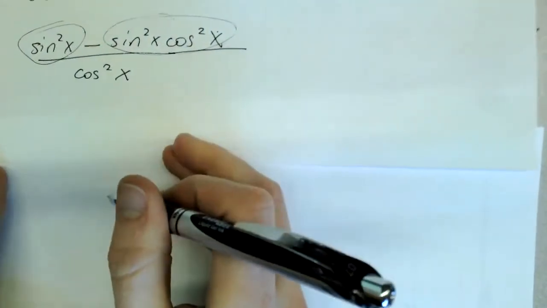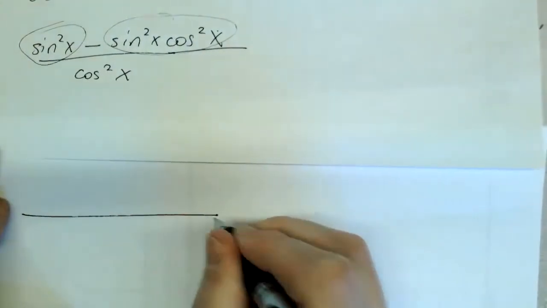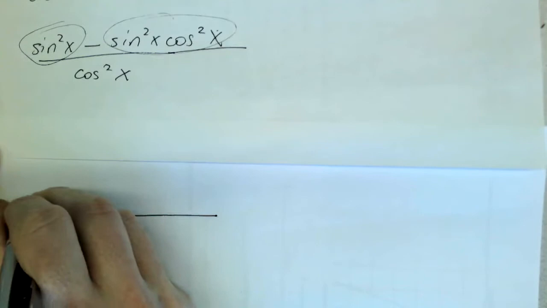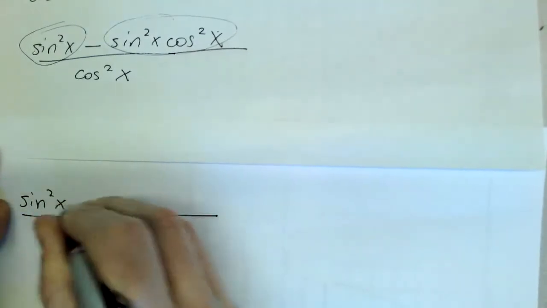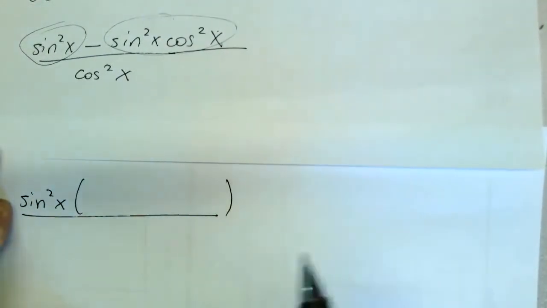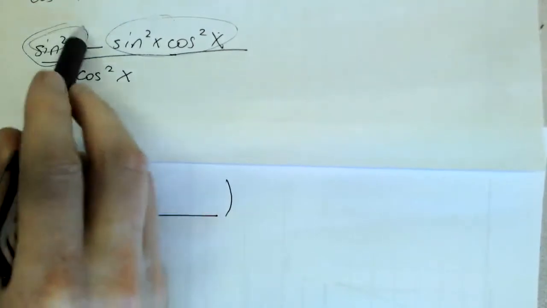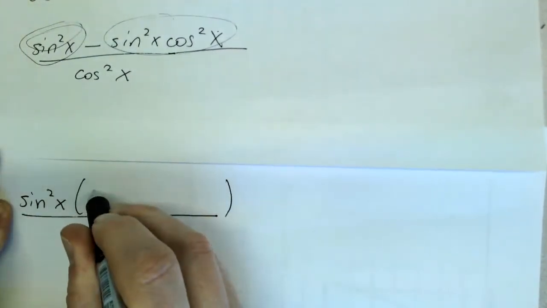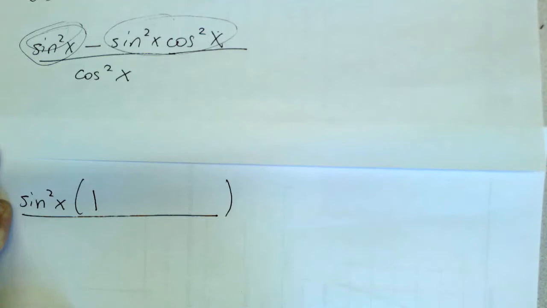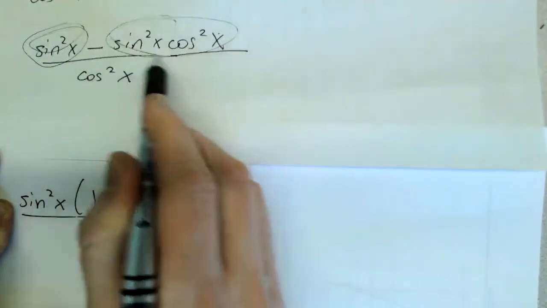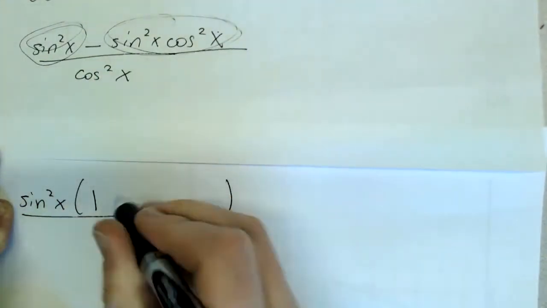So that's going to leave me with what? Well, so here's my big fraction bar. I'll pull sine squared out, make a blank set of parentheses. Now what's left over? Pull sine squared out of itself, and you're left with 1, right? Pull sine squared out of this term, and you're left with cosine squared.